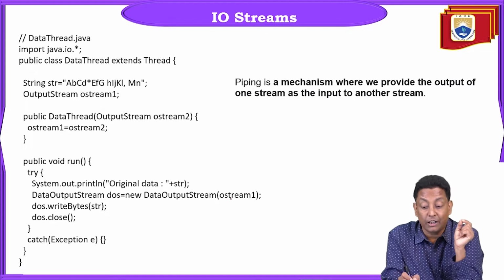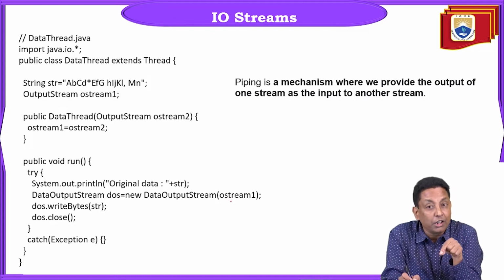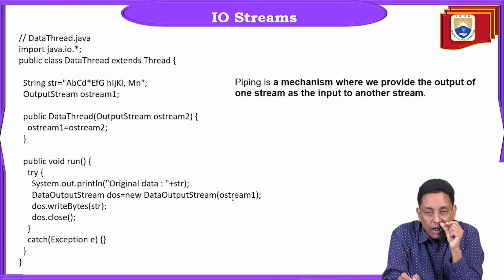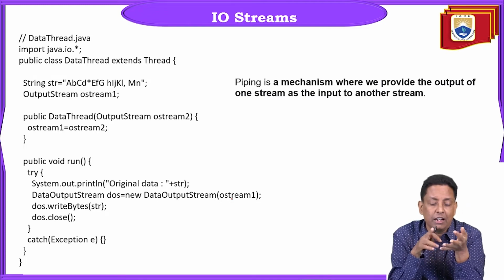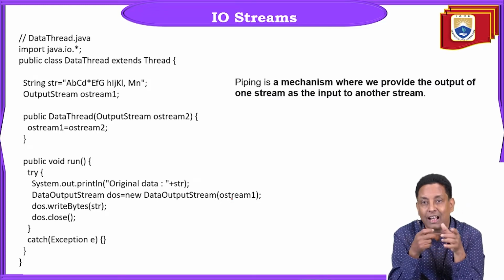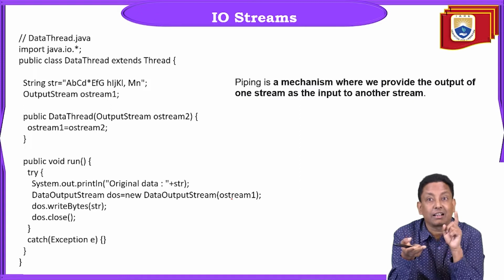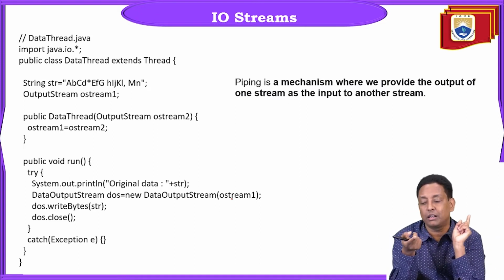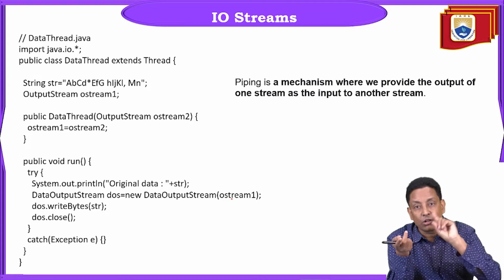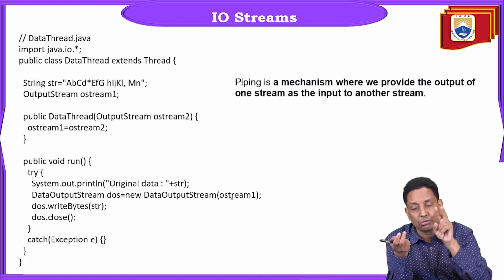If you pass that piped output stream object as argument into data output stream, the advantage is that data output stream has write methods for various data types: write int, write long, write float, write double, write char, write boolean, write bytes, write chars. Write bytes writes each character whose size is 1 byte. Write chars writes one character which occupies 2 bytes of memory.